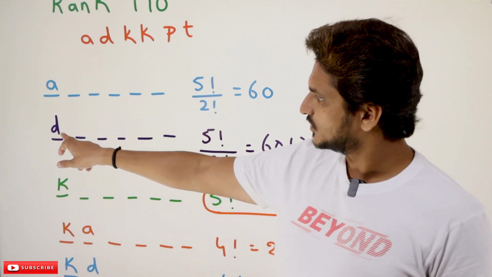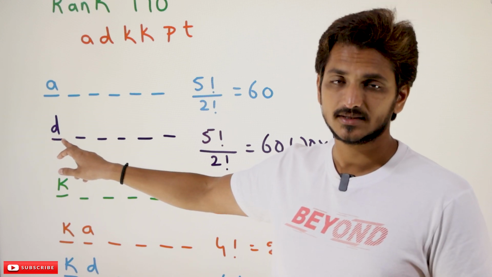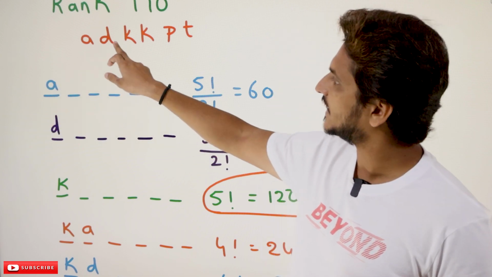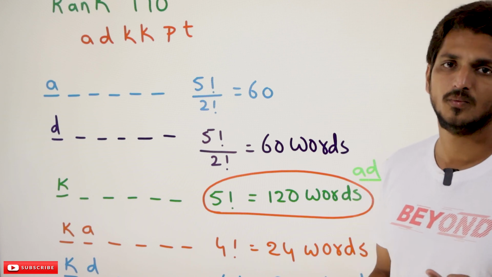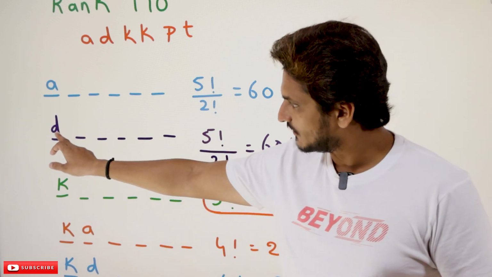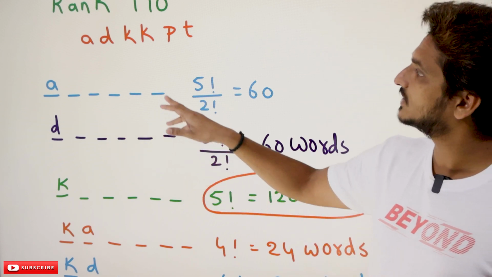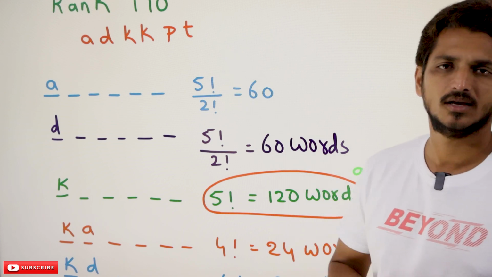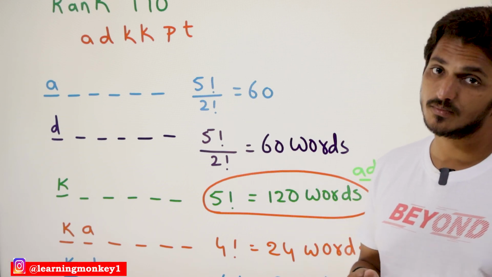Similarly, the first position can be filled with the character D. Why D? Already we discussed A. The second option is D, because we need to go according to the dictionary order. So the first character can be filled with D. The remaining 5 positions can be filled with the remaining characters A, K, K, P, T, in 5 factorial by 2 factorial ways because K is repeated twice.